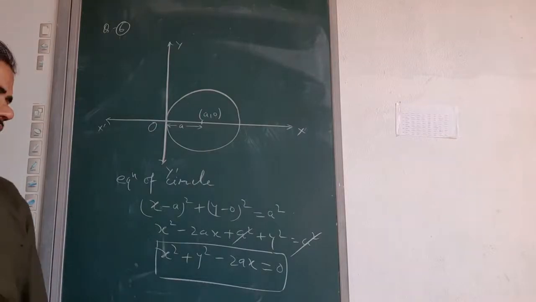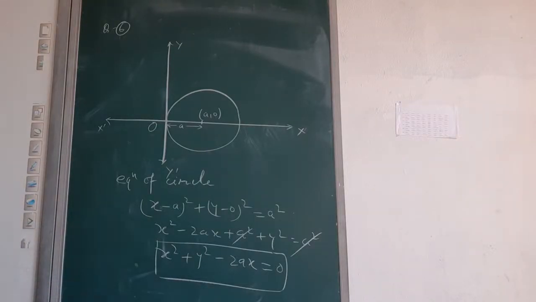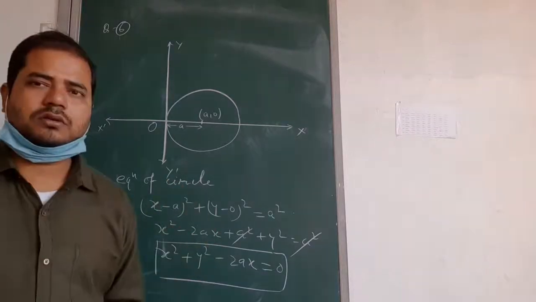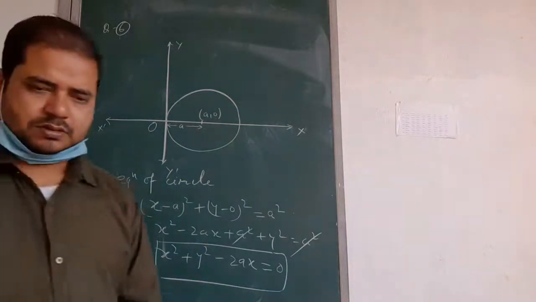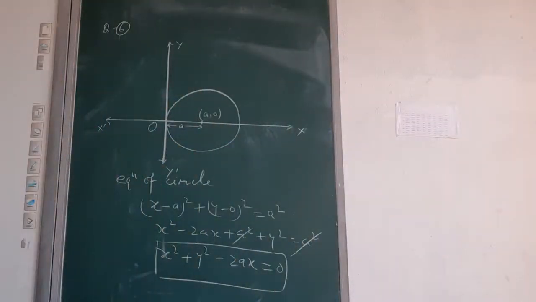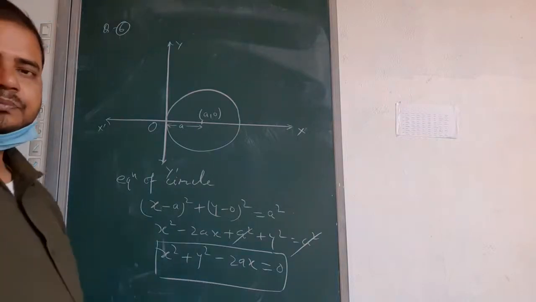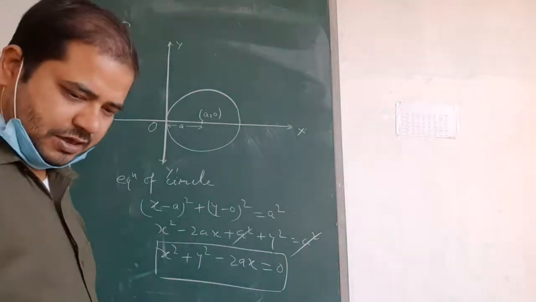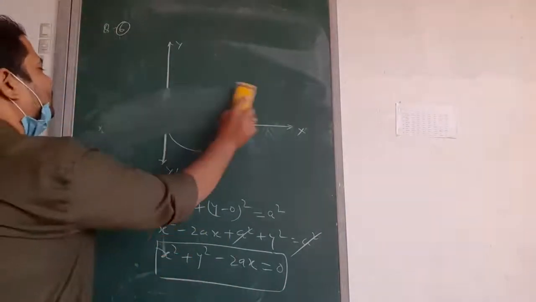Okay. Now we form the differential equation of this particular circle. So how will we find? First of all, note it down. Now see the differential equation of this curve.